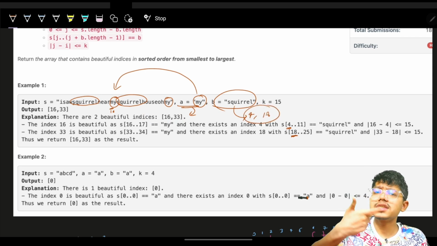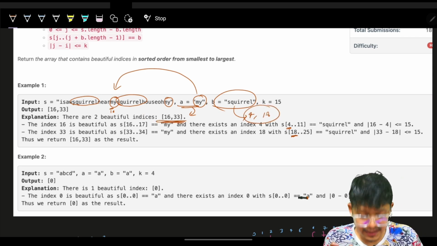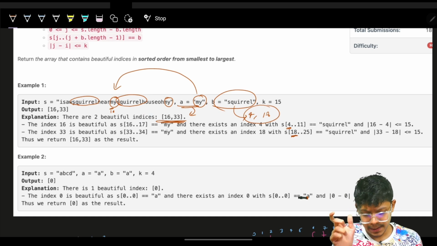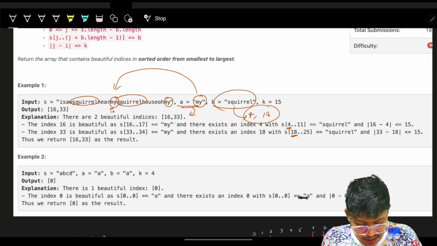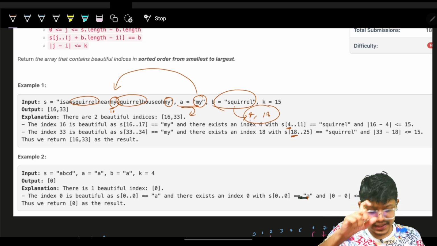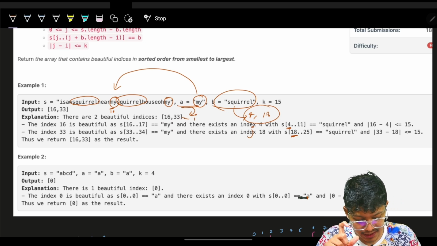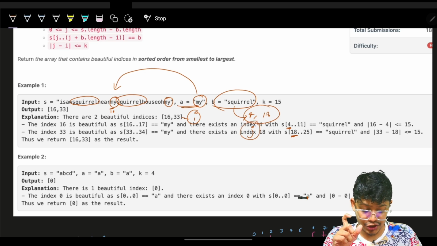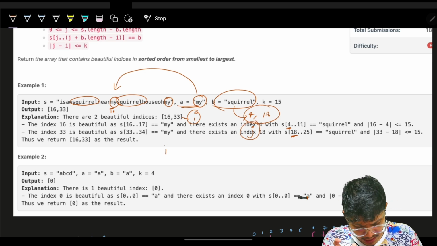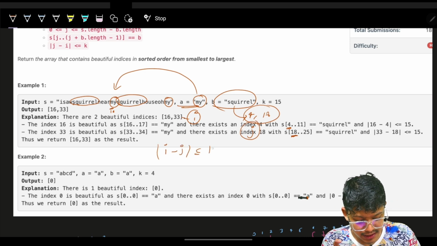I have to give all such indexes of string a for which I can find an index j, where i is the index of a, such that the absolute value of i minus j is less than or equal to k, which is 15.